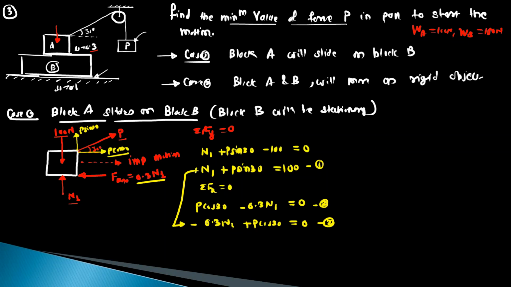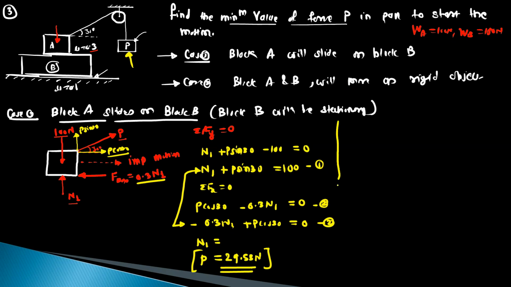From these two equations, you will get the value for N1, the reaction N1, and the force P is equal to 29.53 Newton. So if you add 29.53 Newton in this pan, then block A will slide on the block B, and block B will remain stationary.